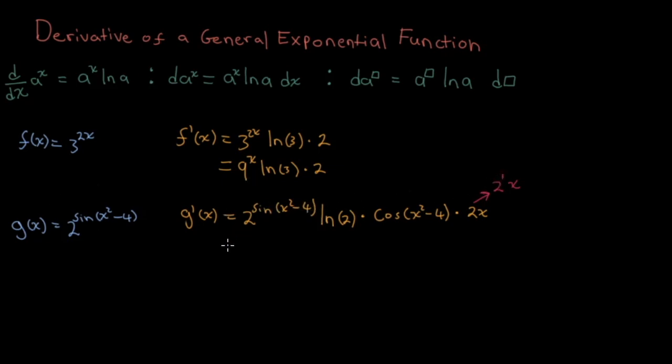So we'll write 2 to the power of sine of x squared minus 4 plus 1, and then we'll continue on times ln 2 times cos of x squared minus 4. And there you have it.